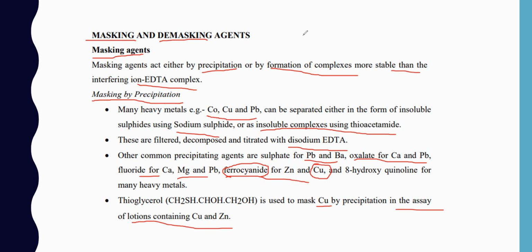Now only magnesium is freely available. That magnesium I will treat with EDTA and estimate the percentage of magnesium ions in that solution. So this is how we are masking the metal ions to avoid their interference. Is this clear?